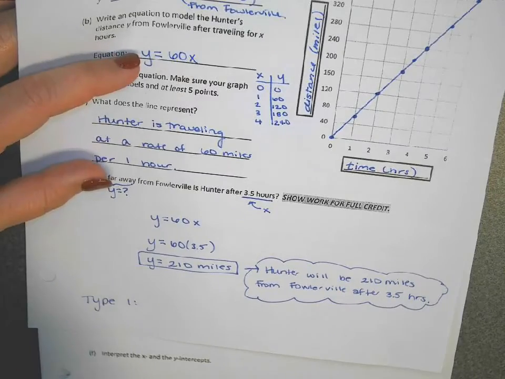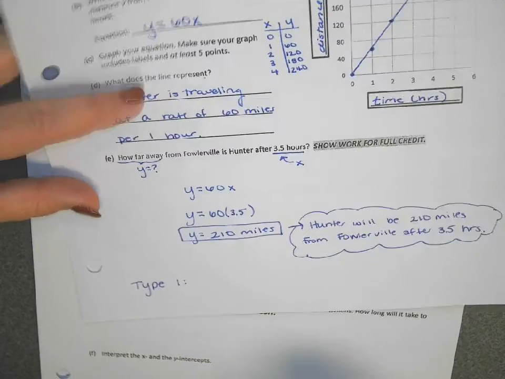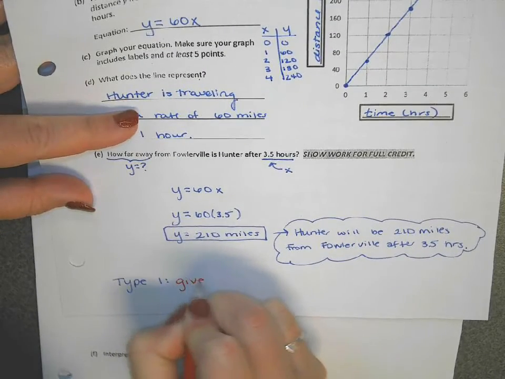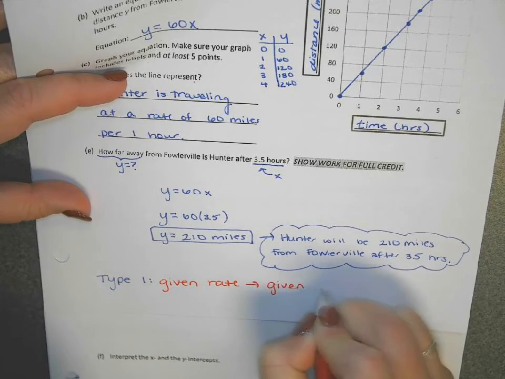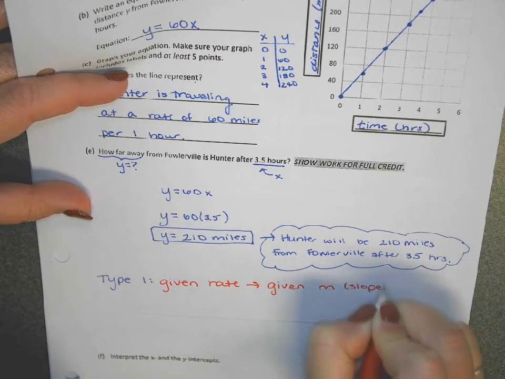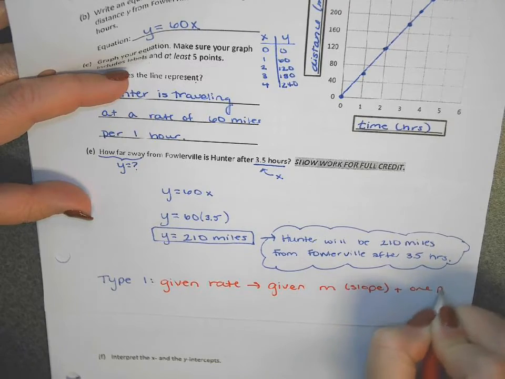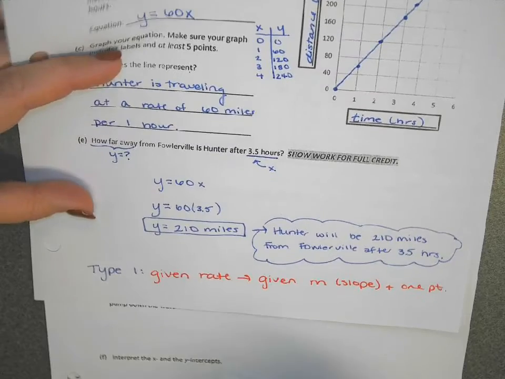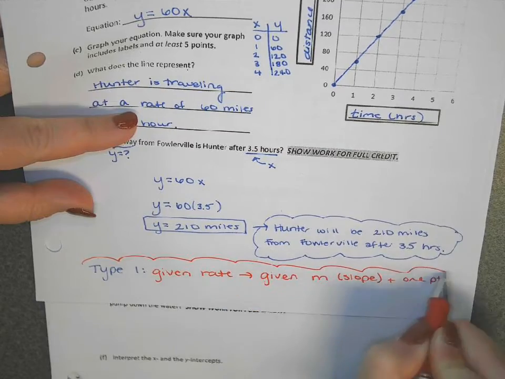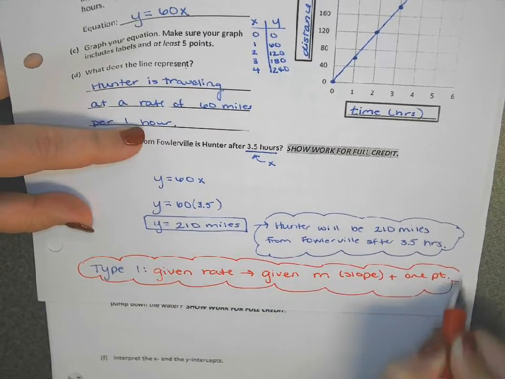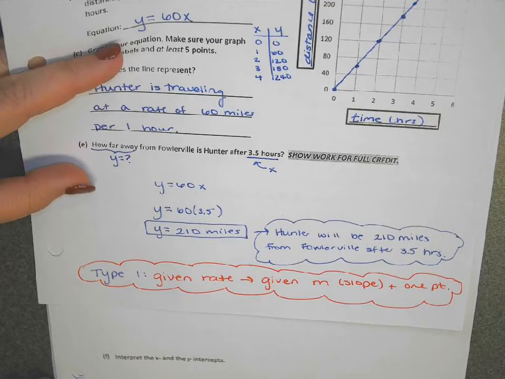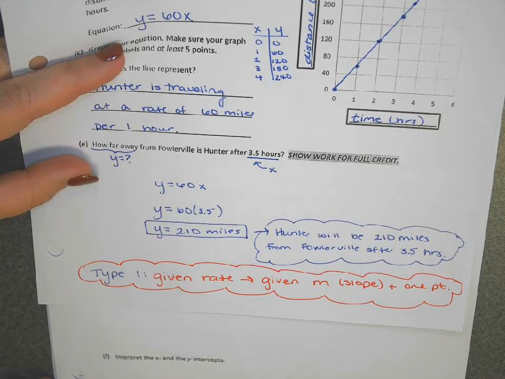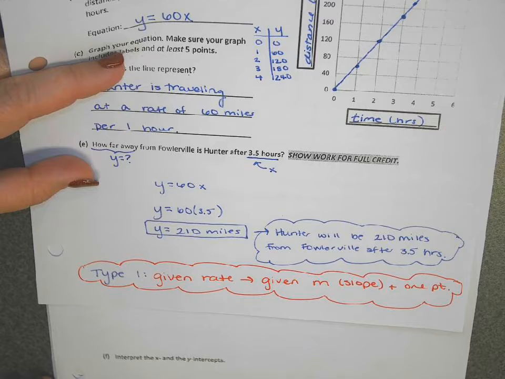If you're given a rate, you're actually given m, which is your slope, and 1 point. In this situation, we were given the y-intercept because the y-intercept was at 0. Okay, but you're given either the slope and 1 point, or in scenario 2, or the type 2 problem, we're going to be given 2 points. We're not given a rate. So we're going to write that one in next.